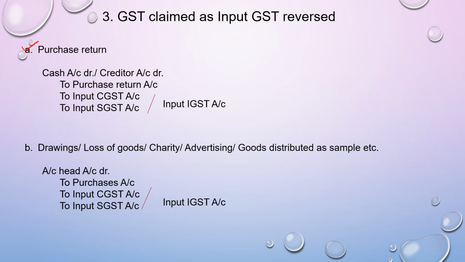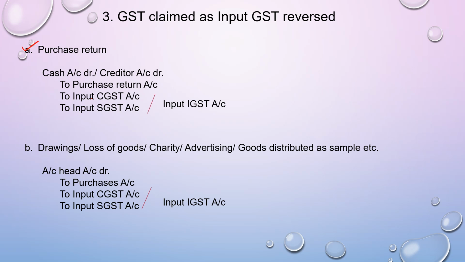Then in respect of the portion of the goods that is being returned, you have to find out what was the GST associated with that return. And that input CGST or SGST or IGST has to be reversed because you cannot claim a credit on that GST, because the goods in relation to which the GST you paid is to be reversed.